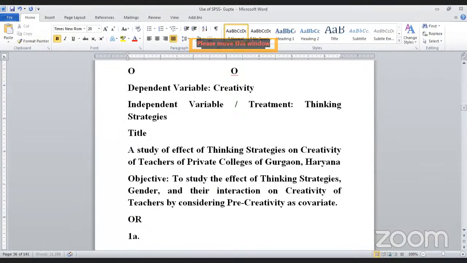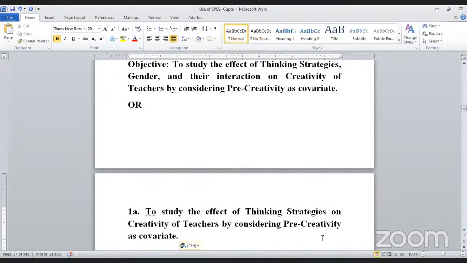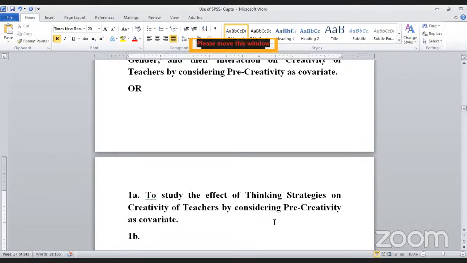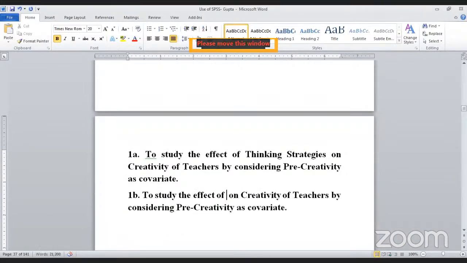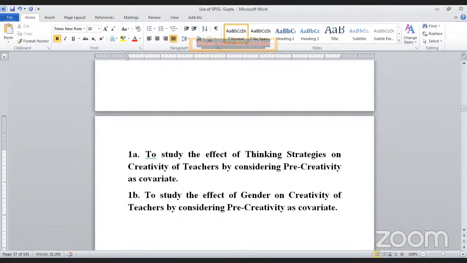It is 1A. To study the effect of thinking strategy on creativity of teachers by considering pre-creativity as covariate. 1B will be to study the effect of gender, because there are two discontinuous variables.